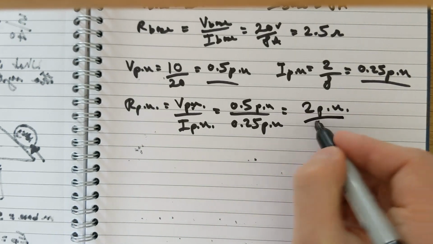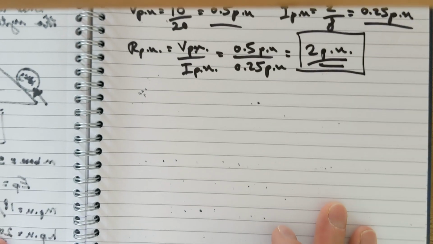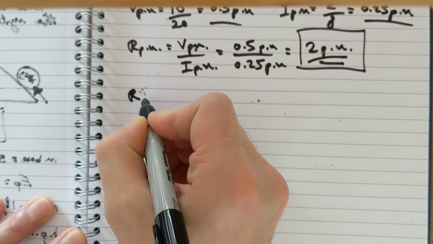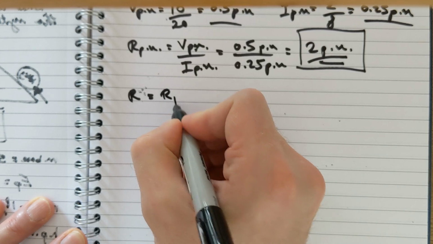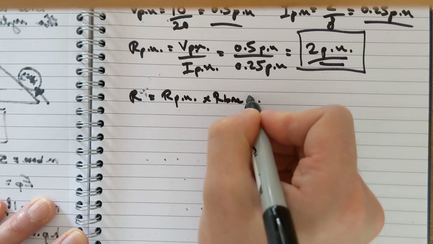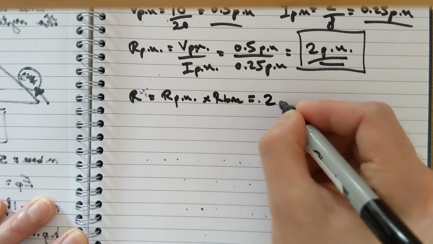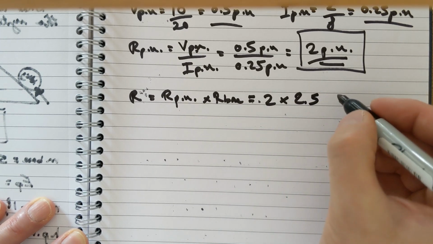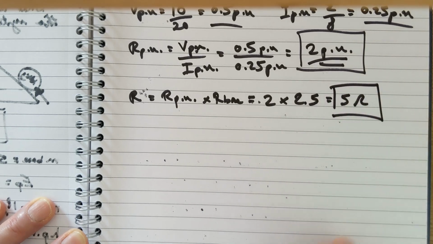The final step, now that we've calculated our target value, is to convert that back to a real value. Resistance in ohms is the resistance in per unit times the resistance base, which is 2 per unit times 2.5, which equals 5 ohms. So that is our final value.